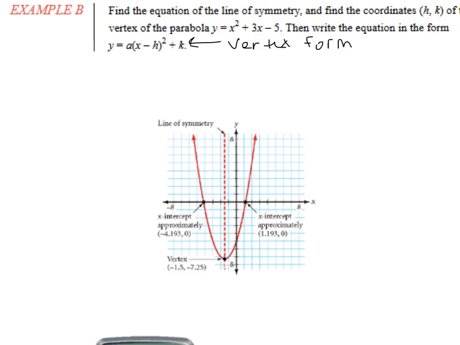Now, the line of symmetry always goes down the center of our parabola. And because of that, it has to pass through the vertex, which is at negative 1.5, negative 7.25.